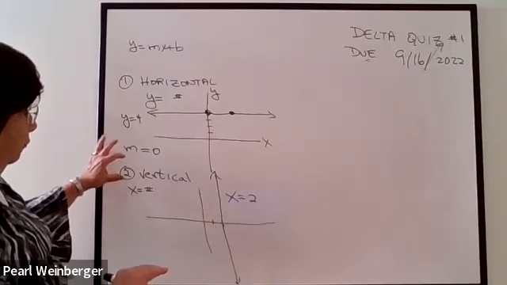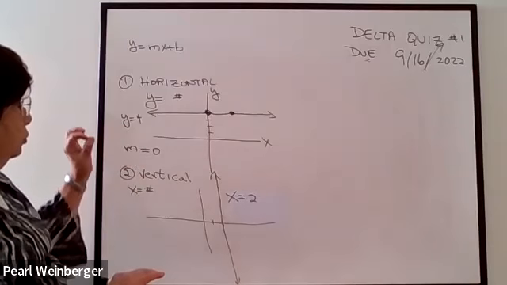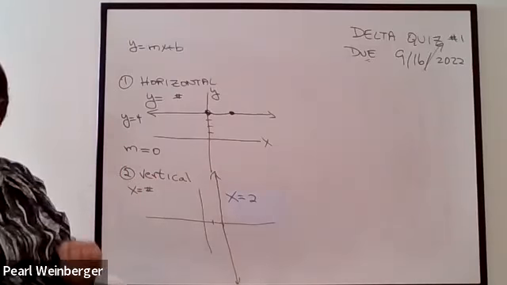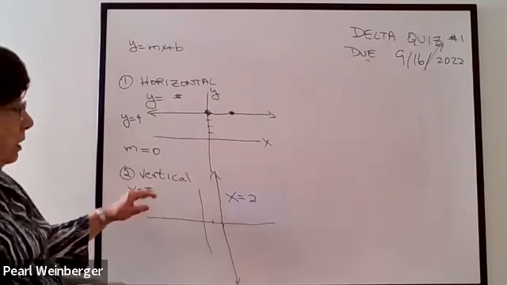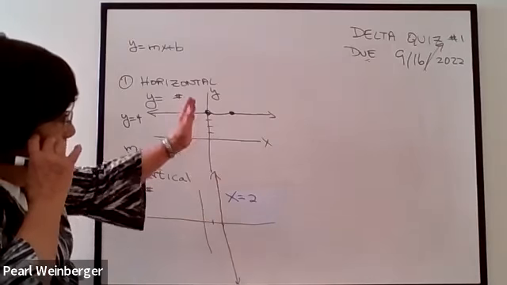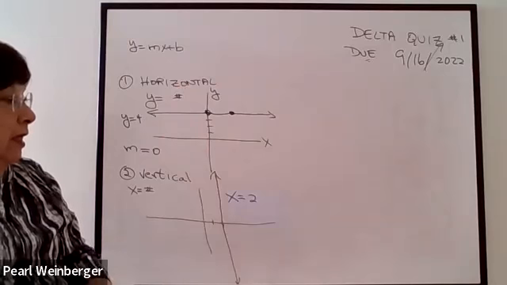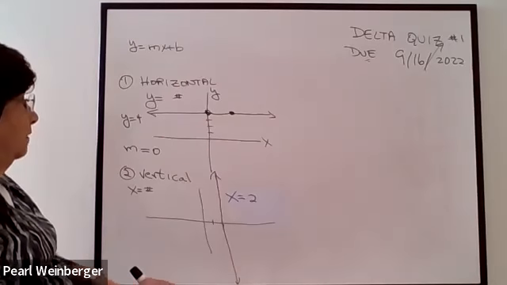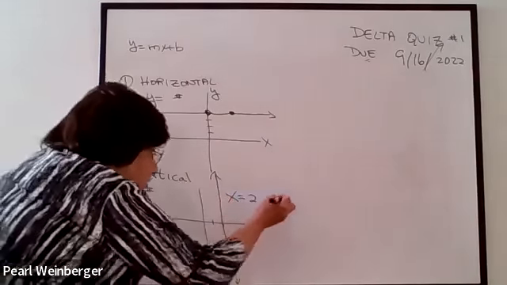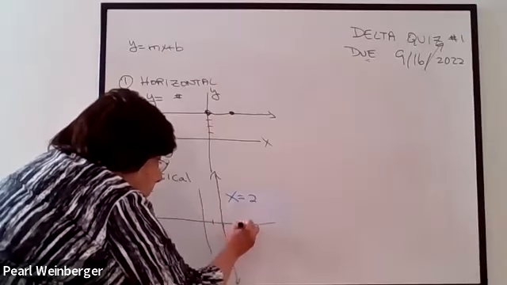So again, the vertical line has no y in its equation, just x equaling a number, the number being where it's crossing the x-axis. In this case, the slope does not exist.